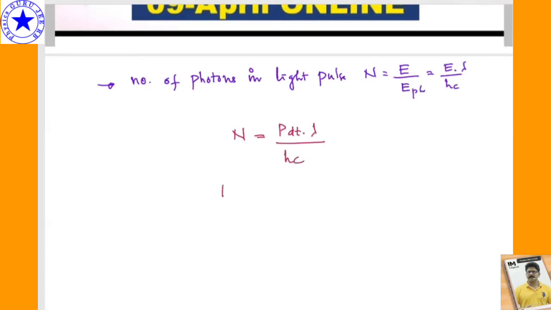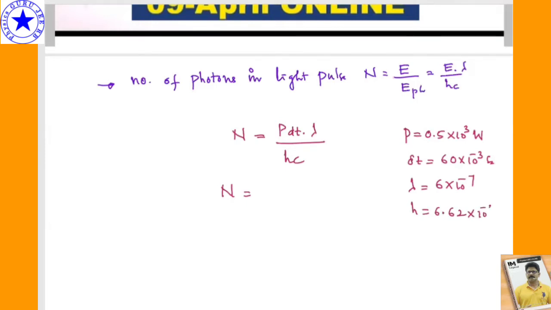Now simply substitute all the values. The power given is 0.5 kilowatts, that is 0.5 into 10 to the power of 3 watts. Now dt is equal to 60 milliseconds, that is 60 into 10 to the power of minus 3 seconds. Next, lambda is 6000 angstroms, or 6 into 10 to the power of minus 7 meters. h is 6.62 into 10 to the power of minus 34, and c is 3 into 10 to the power of 8 meters per second.